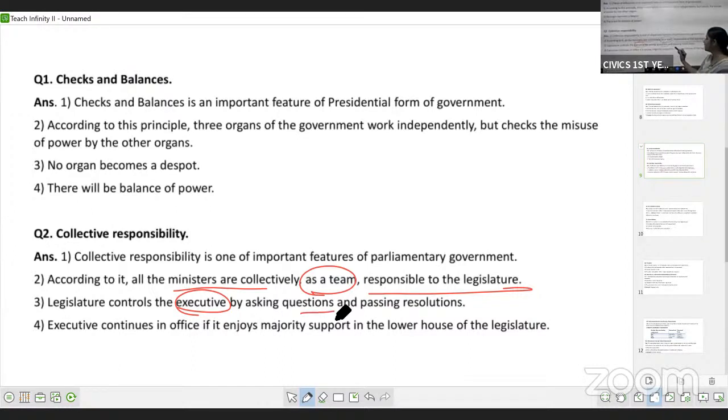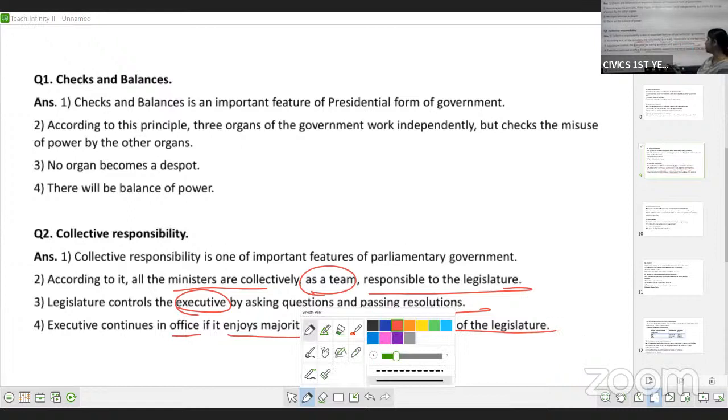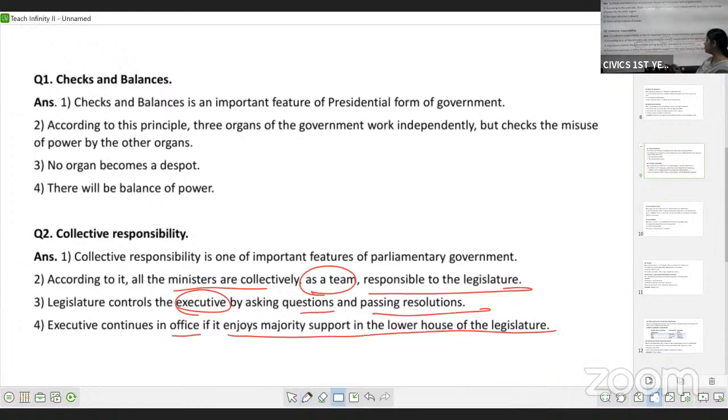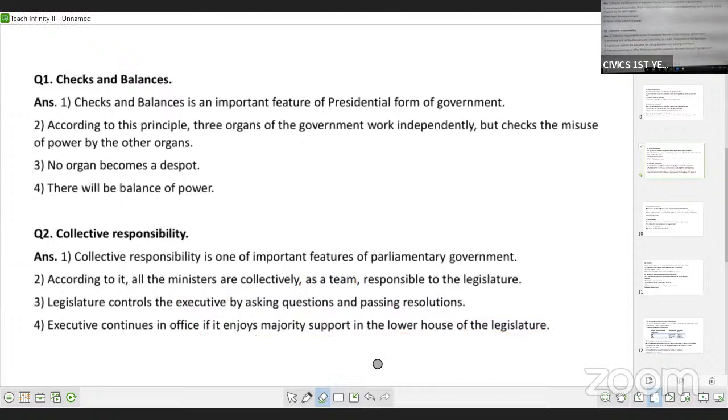By asking questions and passing resolutions. The executive continues in office if it enjoys majority support in the lower house of the legislature. If it loses the majority or confidence of the members of the house, then the executive has to resign.